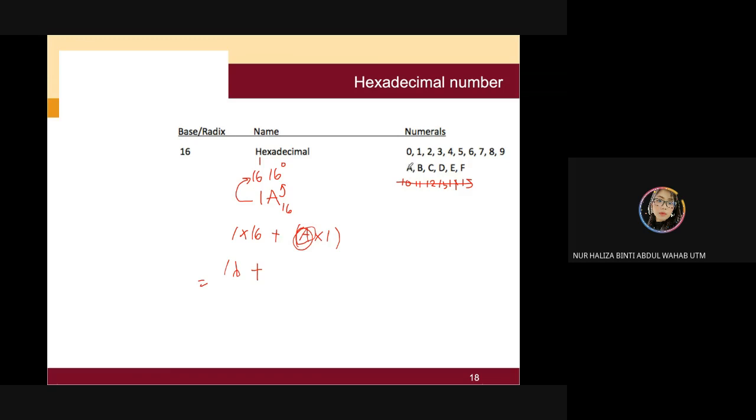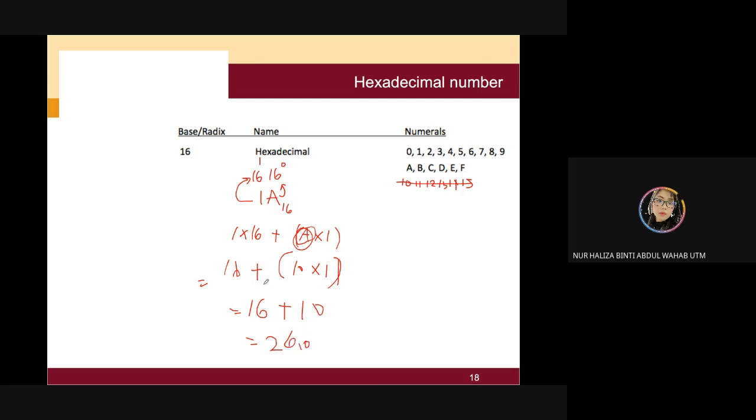Instead, you're going to show it as A, B, C, D, E, F. Now you know the value of A is 10. You multiply with 1. You will get 16 plus 10. Your answer is 26 in decimal.